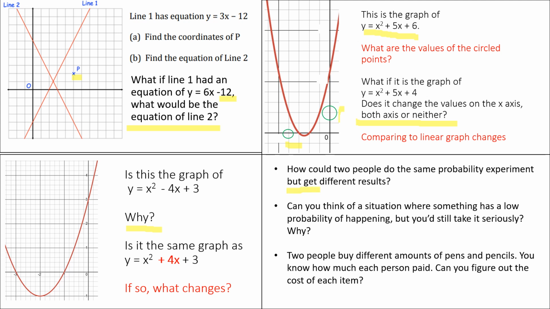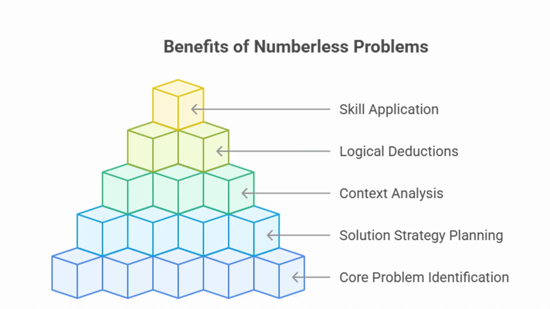Here is an example of a question that gets students building systems for simultaneous equations. Students can focus on the relationships and actions described in the problem rather than getting sidetracked by calculations.